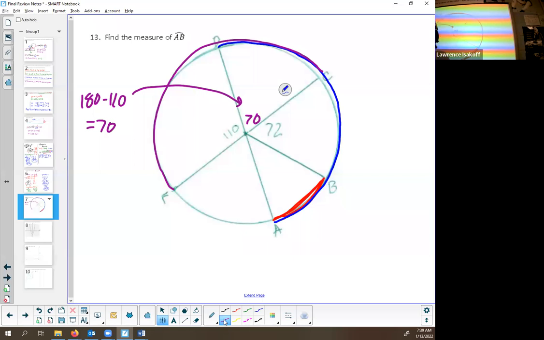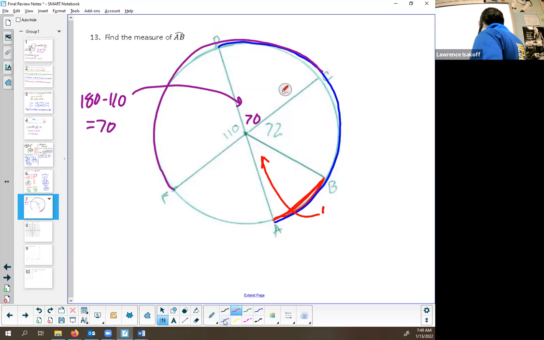So I know that that angle's 70. Now I know two of the three sections here, right? So since the blue has to add up to 180 to get the red, I can do 180 minus 72 minus 70.